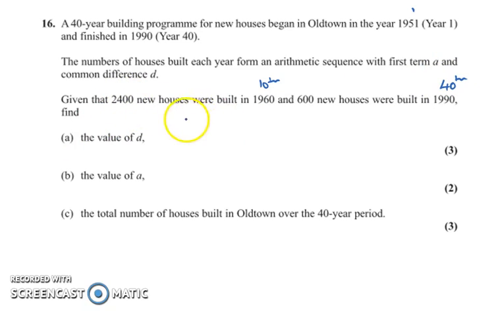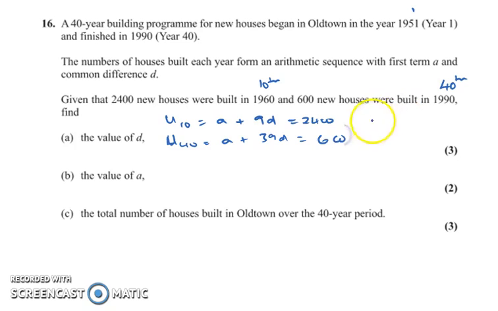So U10 is A add 9D, and that equals 2,400, and U40 is A add 39D, which is 600. We need to find the value of D and find the value of A.